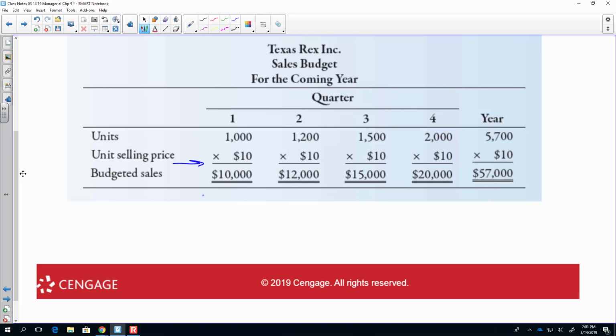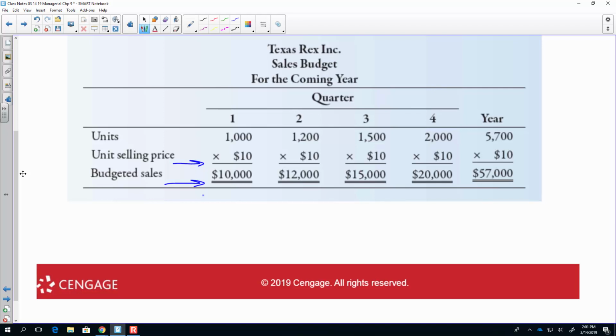I want underlines before a subtotal. I want double underlines at the end of the report on all of your reports. Okay? If it is a unit, don't put a dollar sign on it, right? I want the dollar sign on financial numbers. Normally, the dollar sign goes on the subtotal, right?